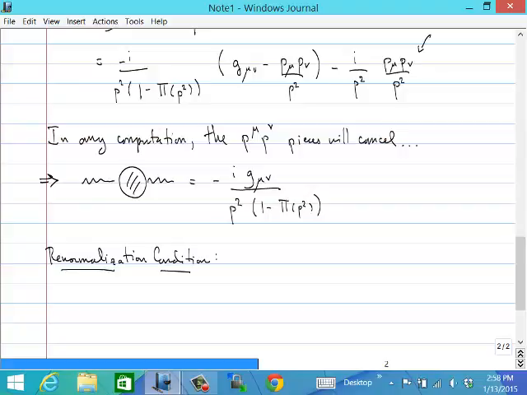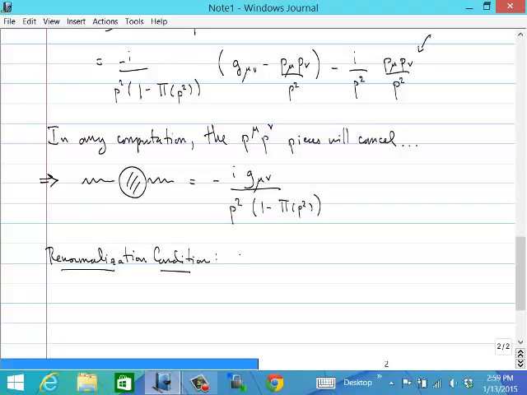And just as for a scalar field, we want to fix our counterterms by demanding that the pole of the propagator remains at p squared equals 0 and continues to have residue equal to 1. If the location of the pole were shifted from p squared equals 0 to some other value, that would mean that your photon is no longer massless. That would mean that your photon had become massive, and that would violate gauge invariance, because it's impossible to write down an interacting theory of a photon that has mass that preserves gauge invariance.